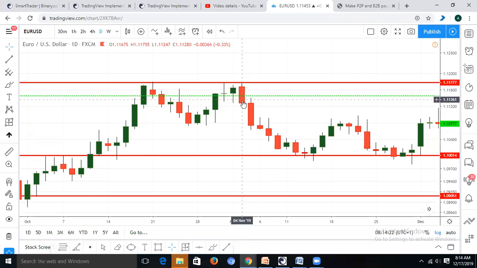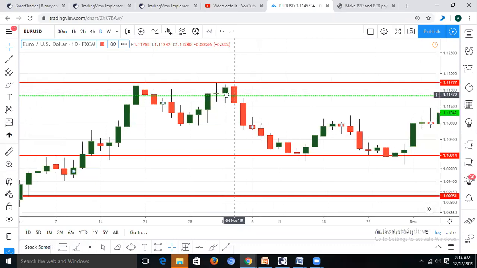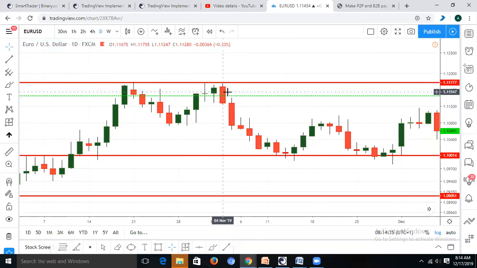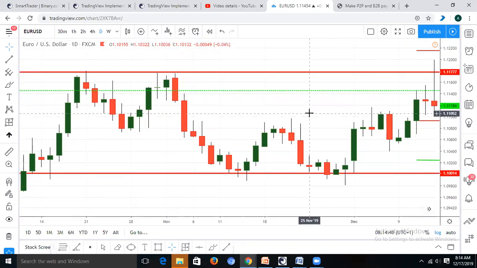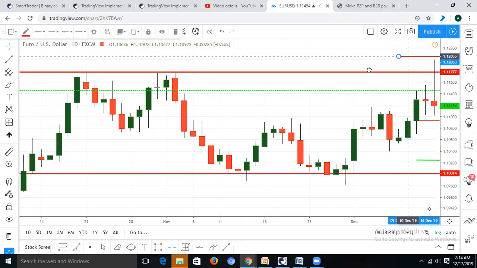You can see that this particular candlestick completely engulfs this one. This one is the one that closed last, but this one came and completely engulfed this.